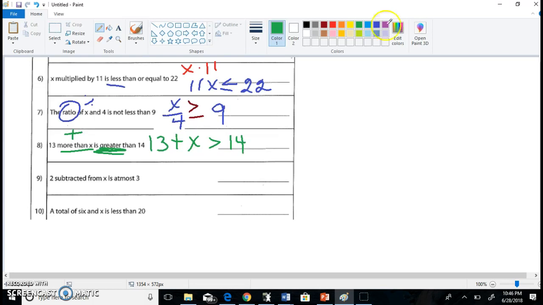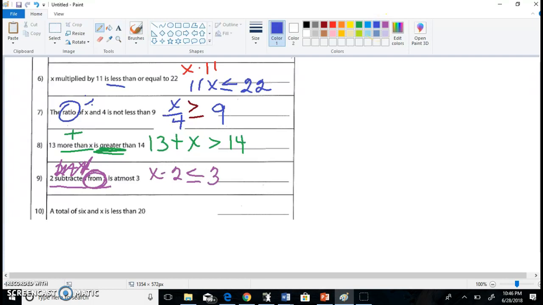This one is interesting the way it's worded: 2 subtracted from x. So we think, oh look, it's 2 minus x. No, it's not. It's 2 subtracted from x. We're subtracting the 2 from the x. And it is at most 3. If you remember, at most 3 means 3 is the most it can be, so it's less than or equal to 3.